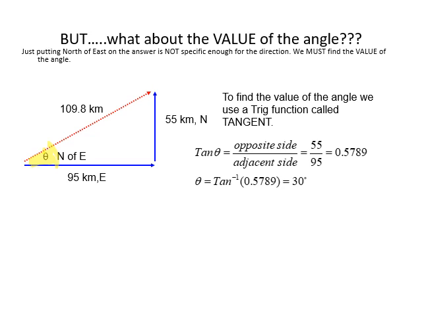So that will be tangent of the y component divided by the x component. So the tangent inverse of this number will give you 30 degrees. So the direction is 30 degrees, and you already calculated the magnitude, that was 109.8 kilometers.